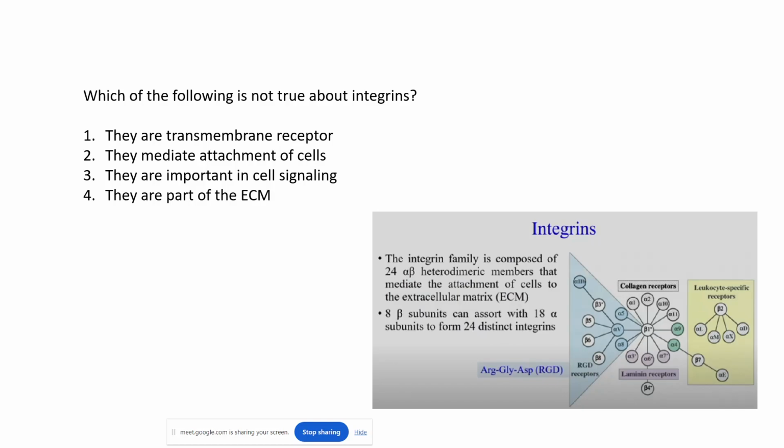Fourth one. Yes, correct. They are not part of the ECM, but they help in mediating attachment of the cells to the ECM, and they are transmembrane receptors, and they also help in cell signaling. So fourth is the correct answer.